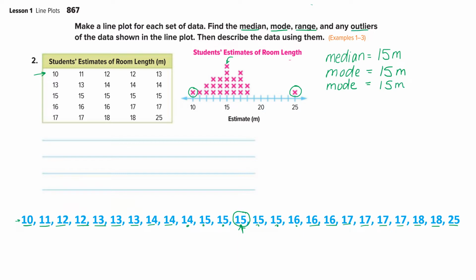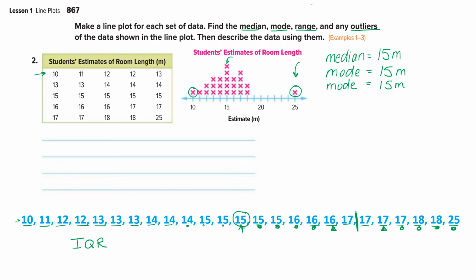Now, are there any outliers? I suspect that 25 is an outlier, but I'm going to prove that mathematically. So we're going to find the interquartile range. All right, so I have 1, 2, 3, 4, 1, 2, 3, 4, 1, 2, and then 17 and 17.